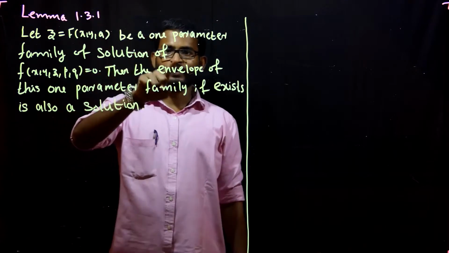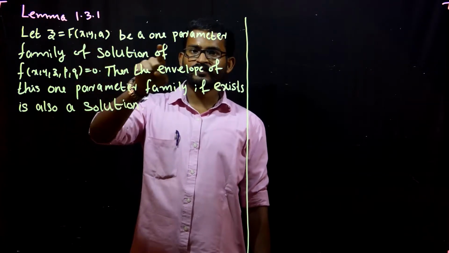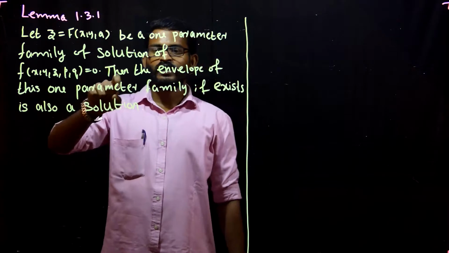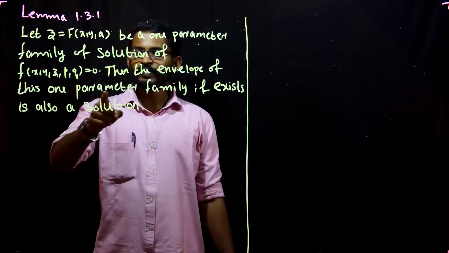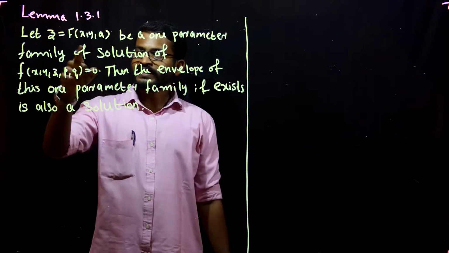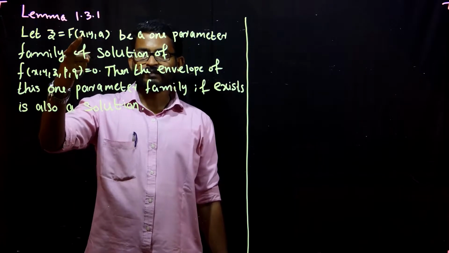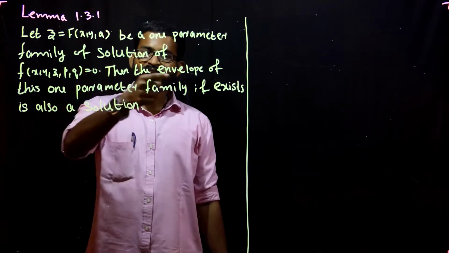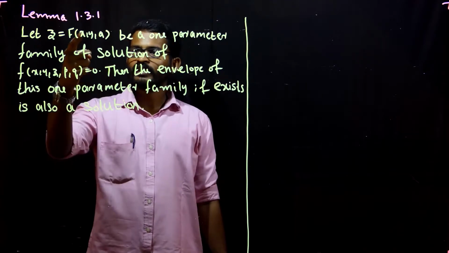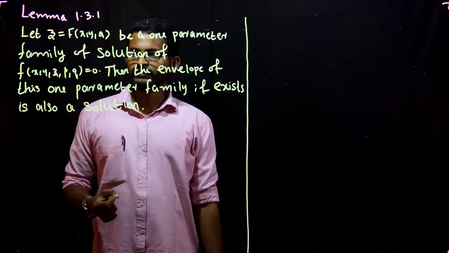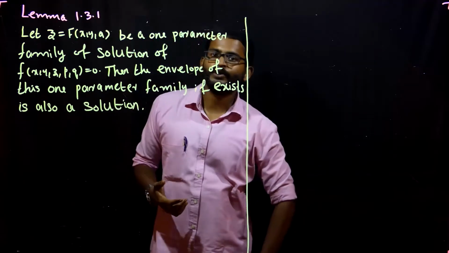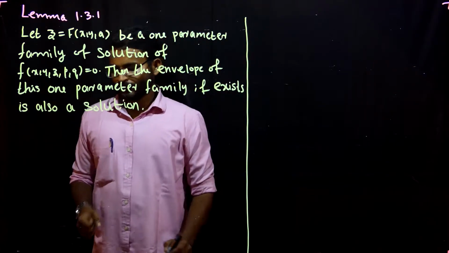There is only one parameter, that's why it is called a one parameter family of solution. If this family has an envelope, we have to show that the envelope is also a solution of this first order PDE. That's what we need to prove.